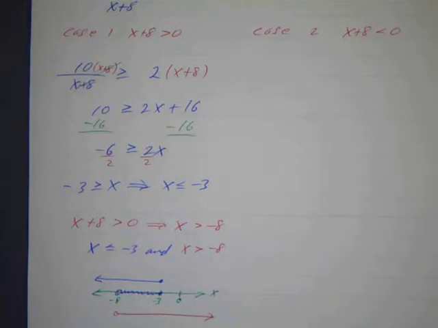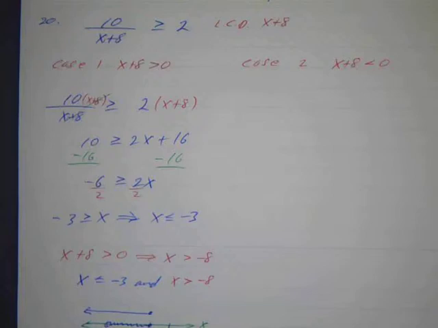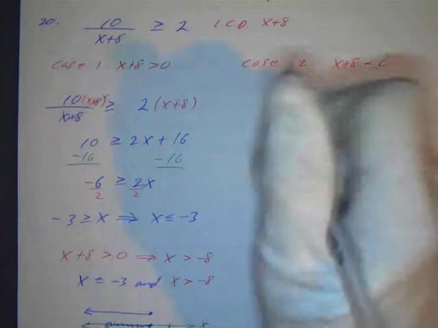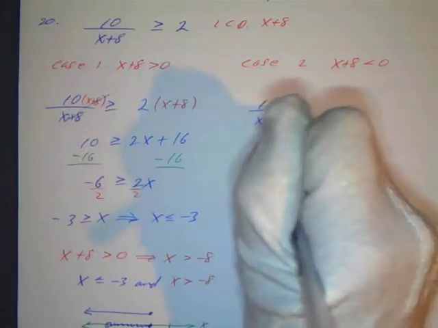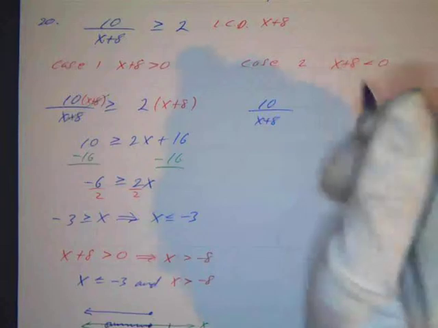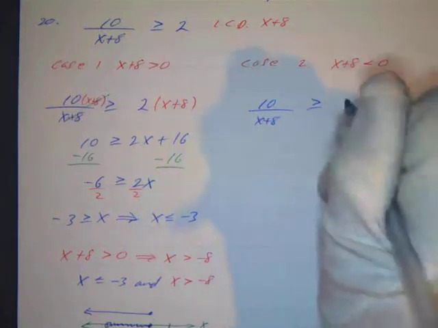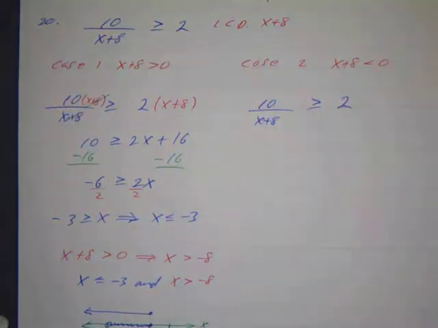Okay, and then we have case 2. All right, in case 2, we'll have 10 over x plus 8 is greater than or equal to 2. And then we'll multiply both sides by x plus 8.